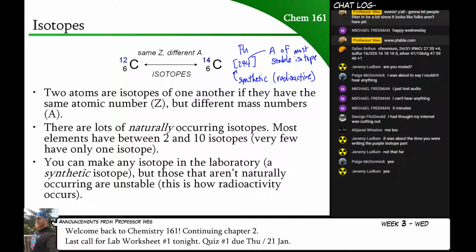Now, various isotopes exist. There are naturally occurring isotopes that occur on Earth. And the reason that those are naturally occurring is because they have half-lives, or they decay slow enough that they persist over the lifespan of the Earth.